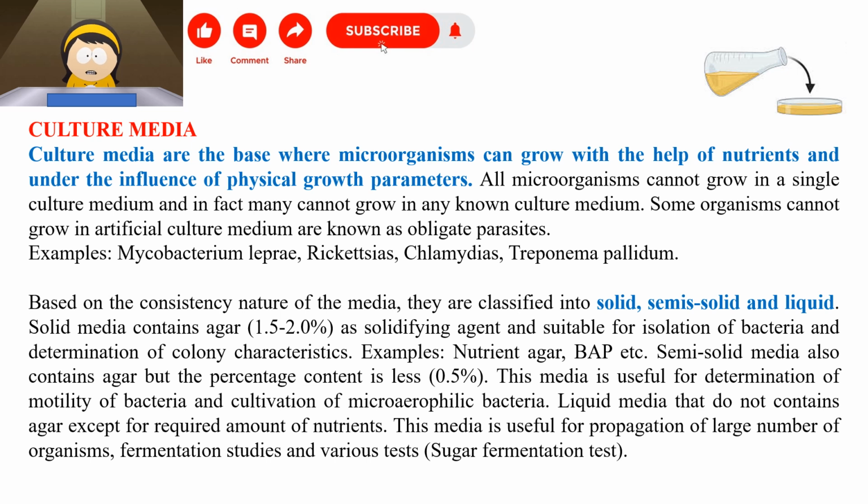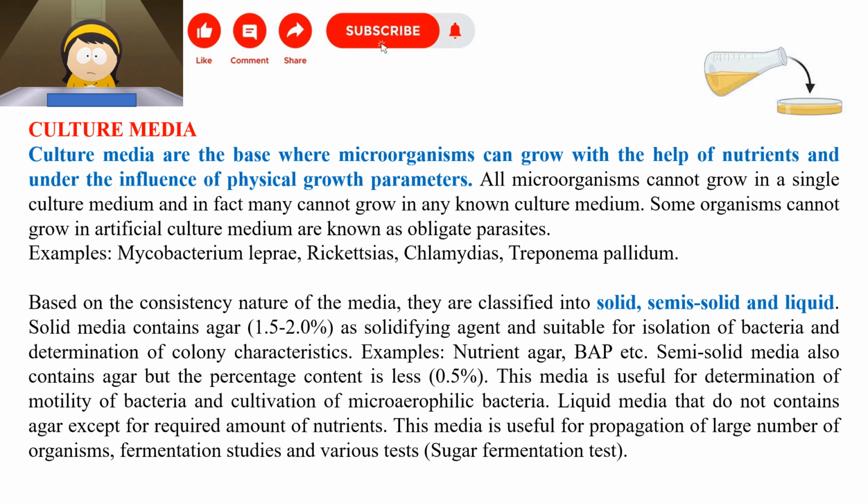Based on the consistency of the media, they are classified into solid, semi-solid and liquid. Solid media contains agar, 1.5 to 2.0%, as solidifying agent and is suitable for isolation of bacteria and determination of colony characteristics.